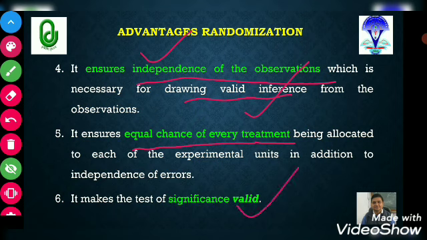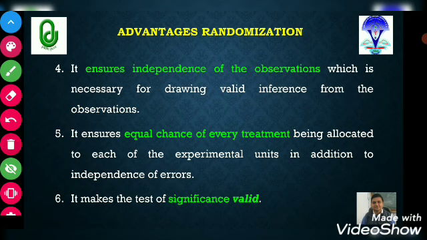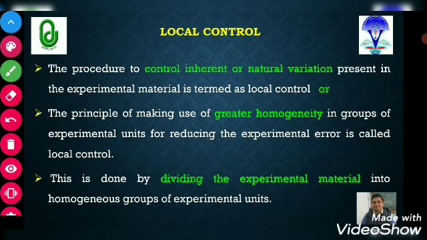So now we have completed two basic principles of design of experiment. The first one is replication and the second one is randomization. Now the third basic principle is local control. We are not applying local control on each and every experiment.